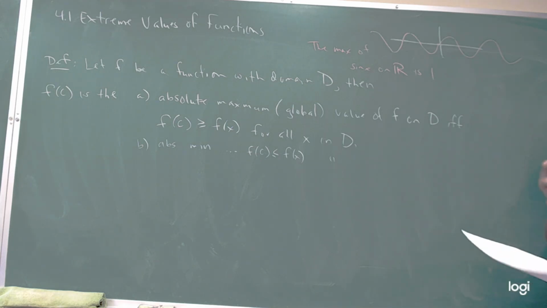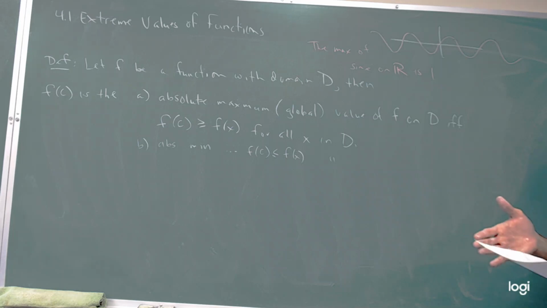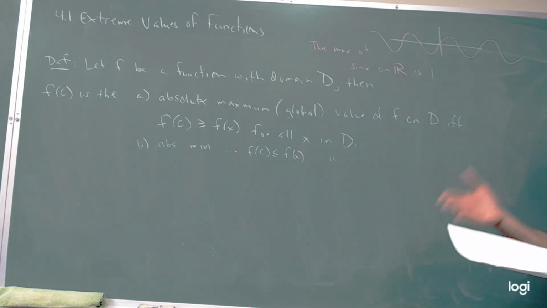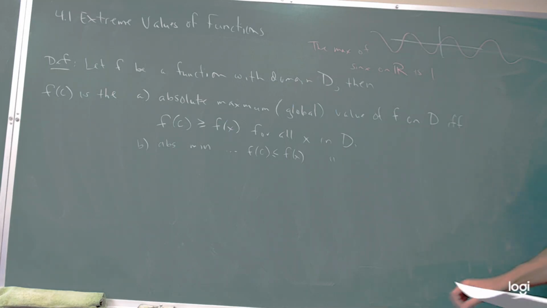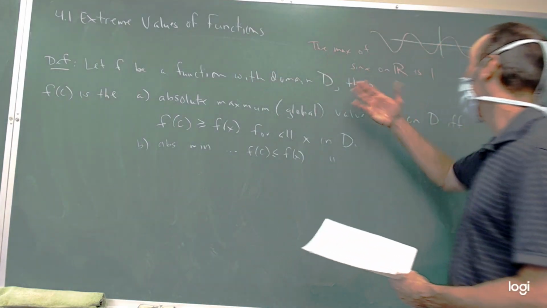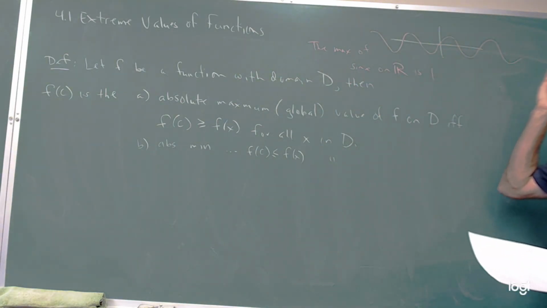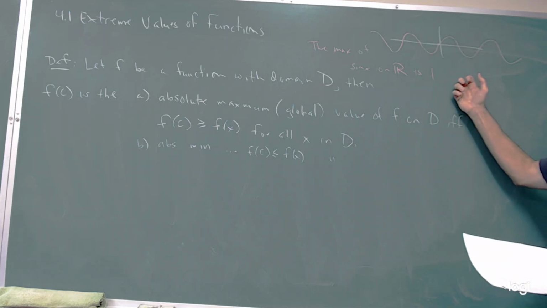So if we think about it, whether and where a function has an absolute maximum or an absolute minimum depends on the function, its structure, but it also depends on the domain that we pick. So, for example, we talked about a sine curve. Domain is all real numbers. It has an absolute maximum, 1. It has an absolute minimum, -1.